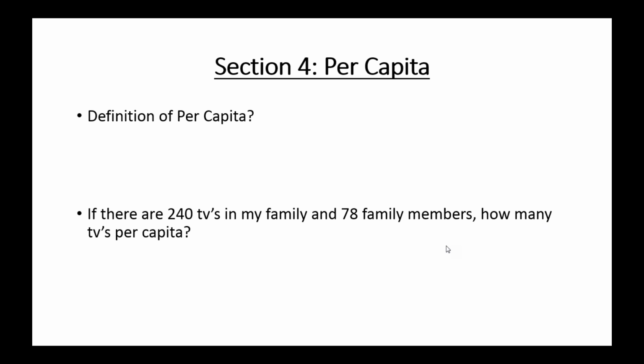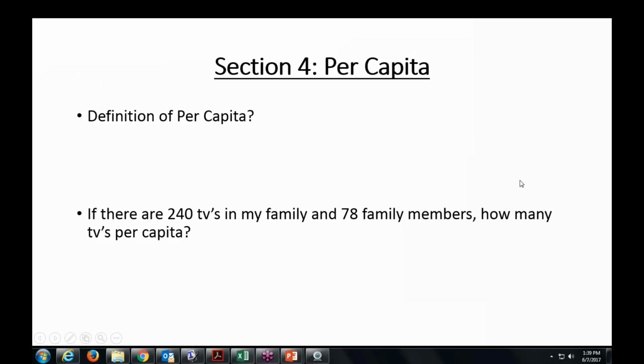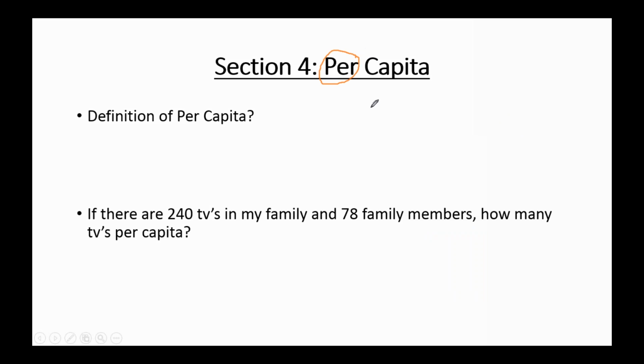Okay, so section 4, we're getting into per capita. Now, per capita is another application of ratios. So when we talk about, I need my calculator, pen, color, orange. The word per is going to be your best friend, and if it's not now, you need to just open your heart and let it in.